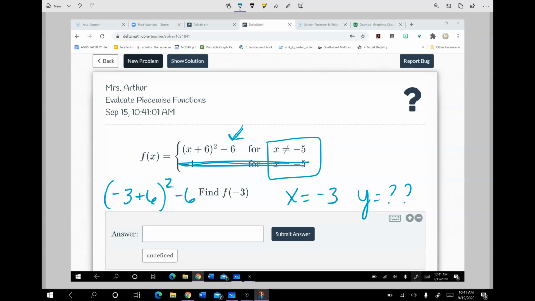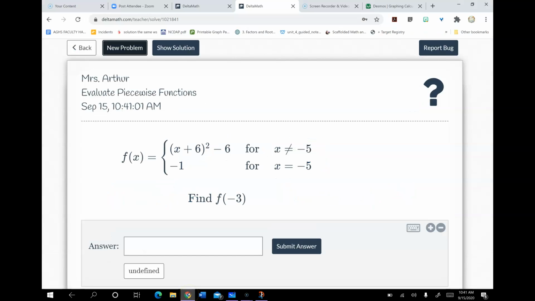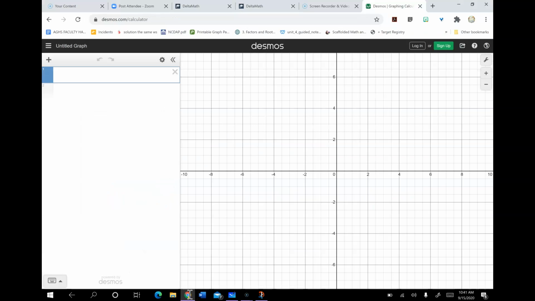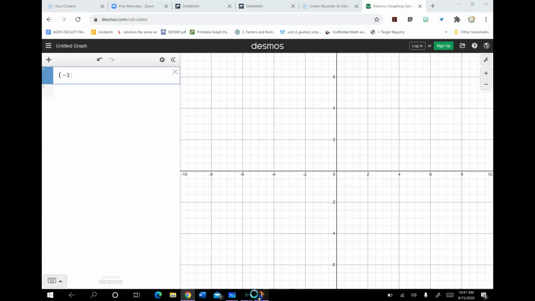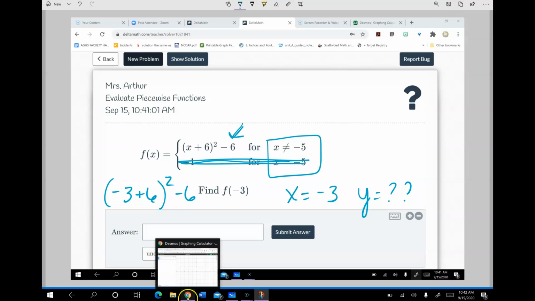Use Desmos. I'm going to go to Desmos. This is the calculator you have to use at home. We're going to type it just like we saw it. -3 plus 6.